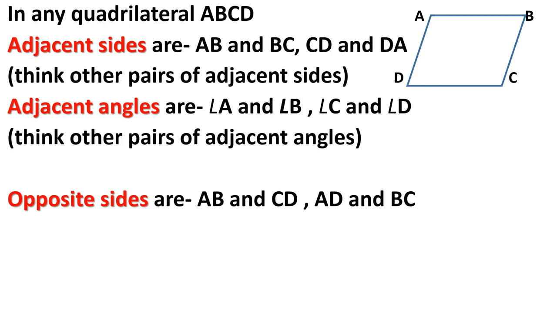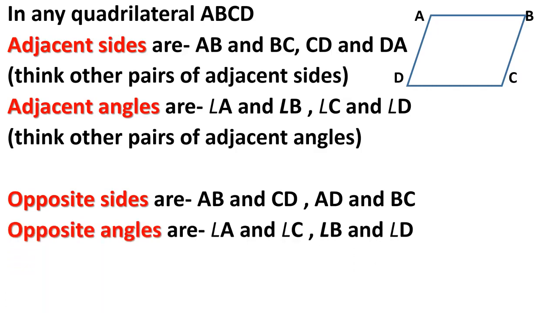That is the opposite side. Okay, so AB and CD, these are the opposite sides, and AD and BC, these are the opposite sides. Okay, opposite angles are those in which no side is common. Angle A and angle C are one pair of opposite angles. Angle B and angle D are another pair of opposite angles.